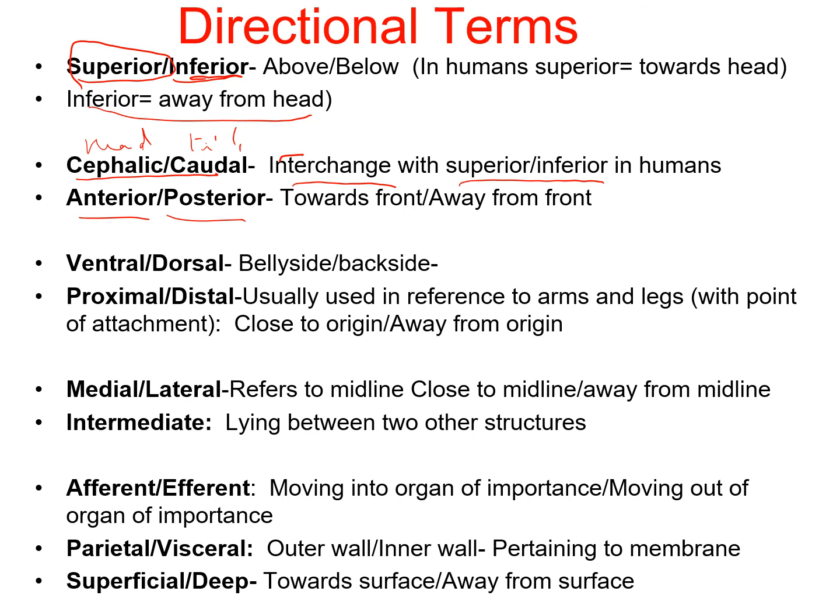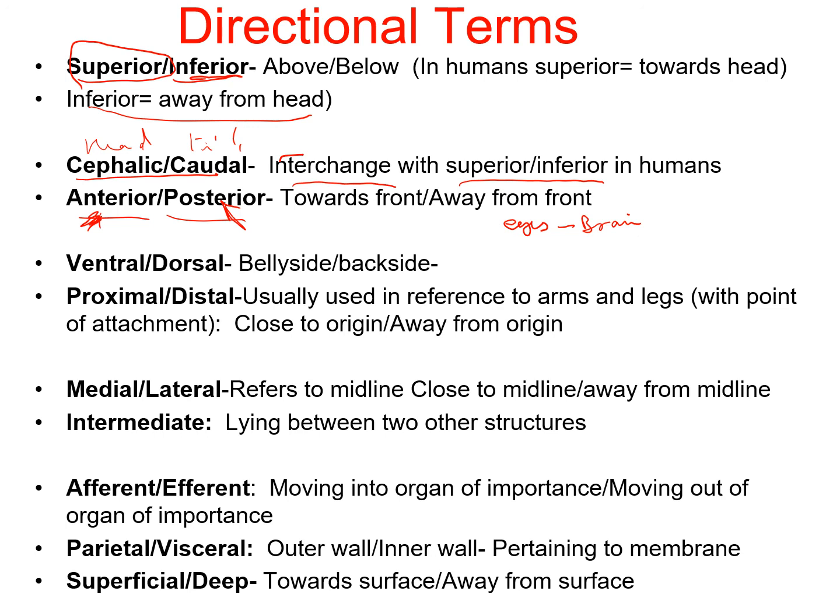Anterior and posterior. Anterior means the front. Posterior means towards the back. Now, let's pick an example for you to understand. Let's look at the position of the eyes with respect to the brain.